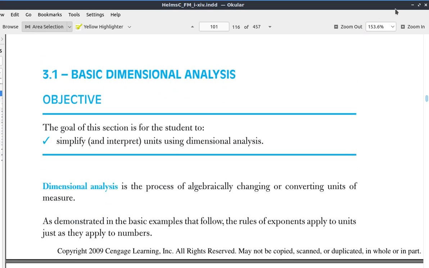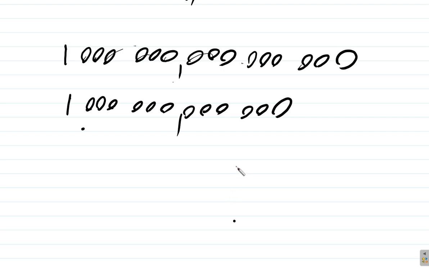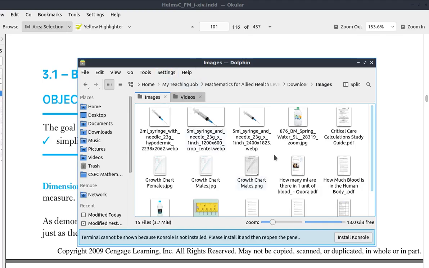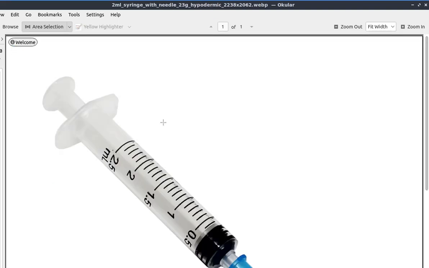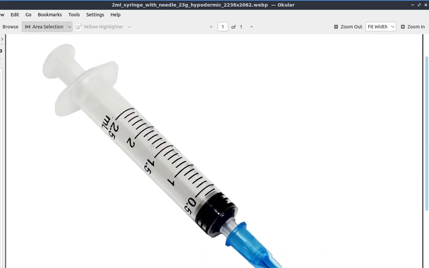Now, here, we talk about the different measurements, but let's look at some objects that you might be familiar with and their measurements. I downloaded some of these things. You have the syringe. In this case, you have a 2.5 milliliter syringe.